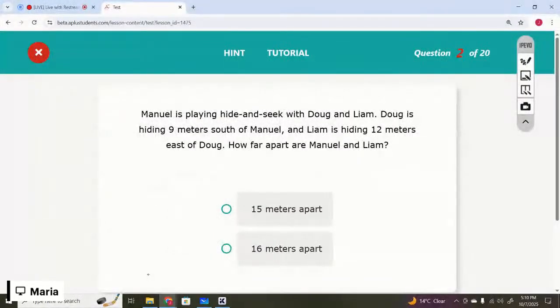Got it? Okay. The next one is Manuel is playing hide and seek with Dog and Lime. Dog is hiding 9 meters south of Manuel and Lime is hiding 12 meters east of Dog. How far apart are Manuel and Lime?